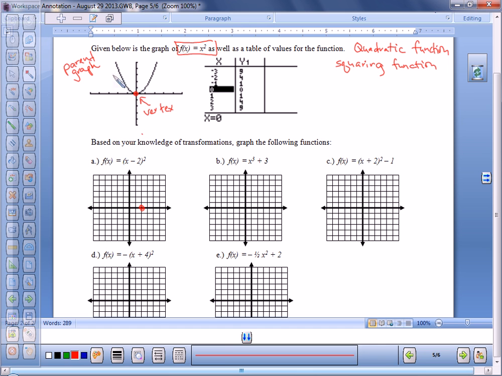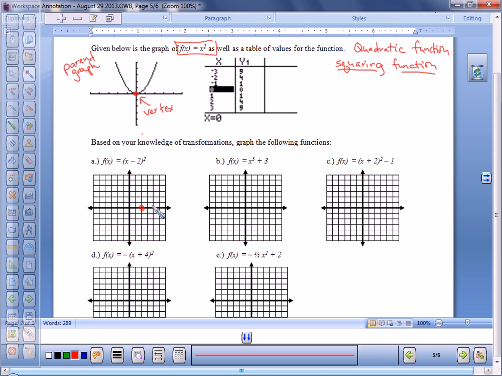Now, instead of coming up with this table every time, I want us to think of this as being a squaring function. This function is squared. So if I took my input, if I went 1 unit to the right, what is 1 squared? 1. So if I went 1 unit right, I'd go up 1.